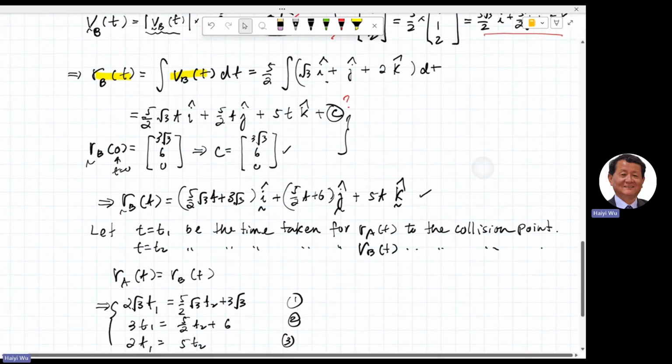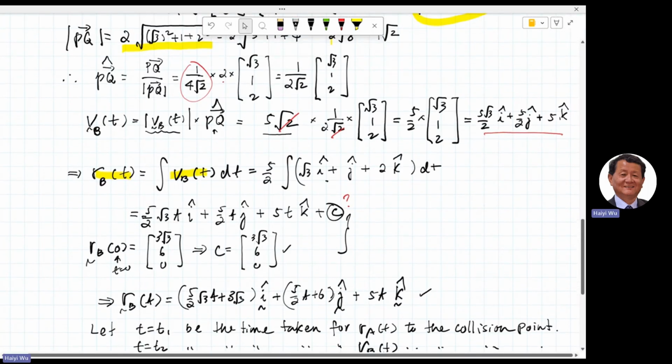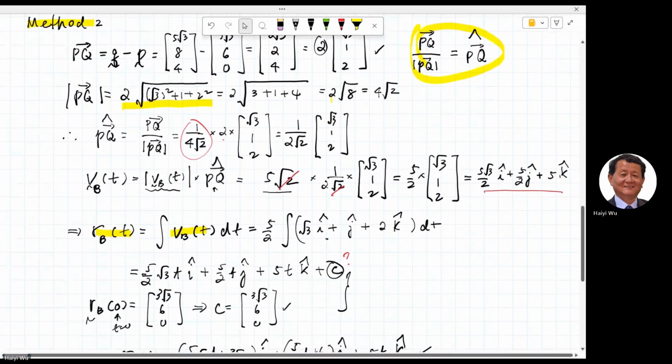So now we have RA and RB, two equations.